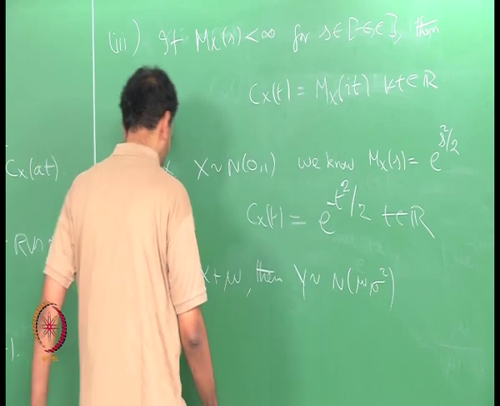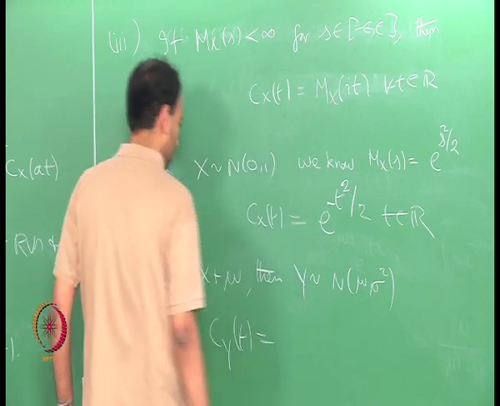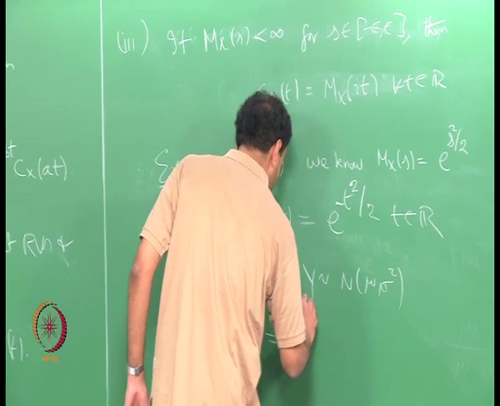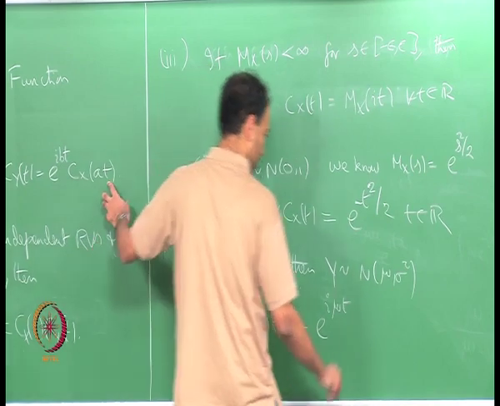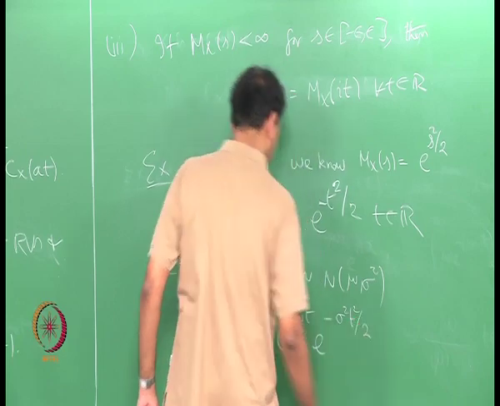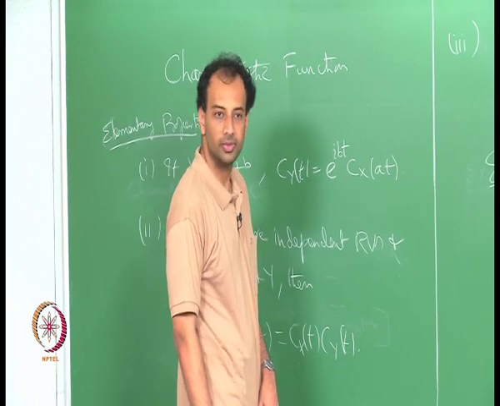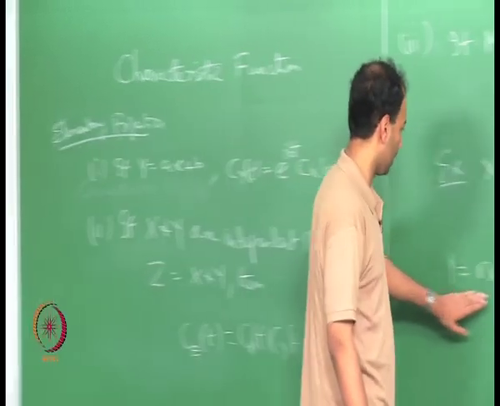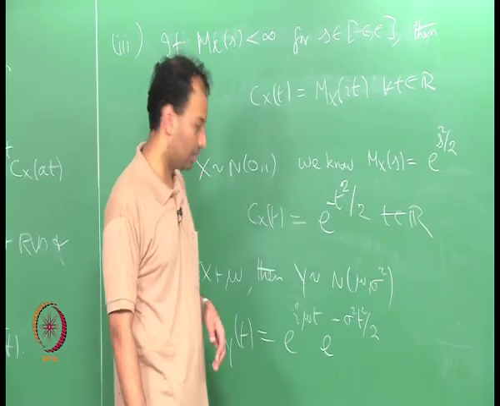In that case your characteristic function C_Y(t) will be, you apply that rule, e power i mu t times C_X(sigma t), which will be e power minus sigma squared t squared over 2. Okay. I am just using this rule. So, that gives you the characteristic function of even non standard Gaussians, with mean mu and variance sigma squared.